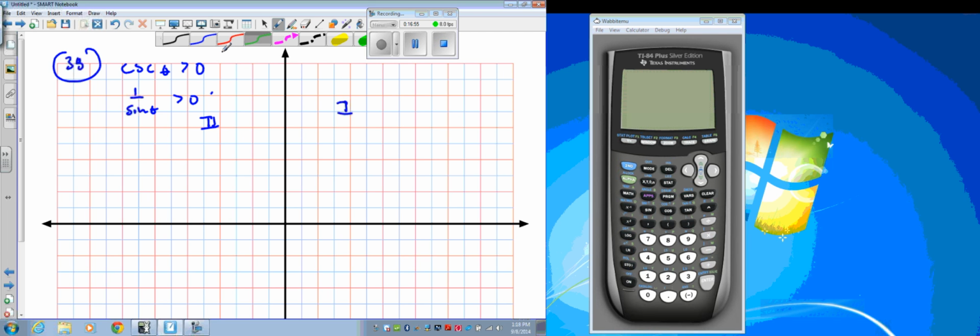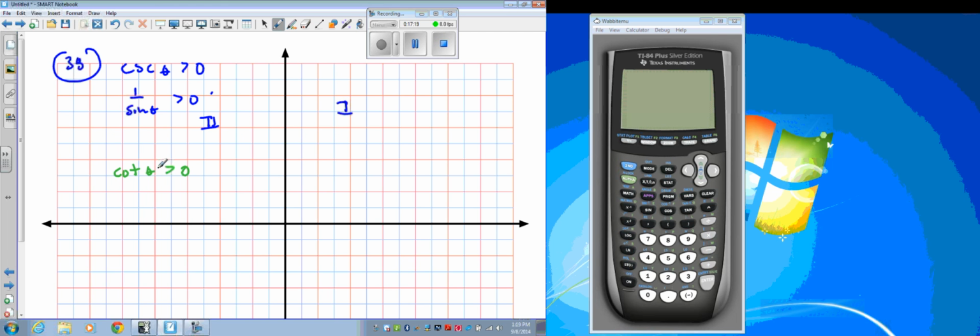Now then, 38. It says cotangent is positive. Now, cotangent, in order for that to be positive, what has to be true about the y and the x? Same sign, right?